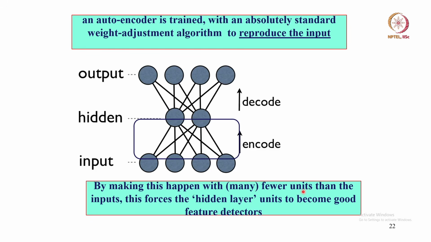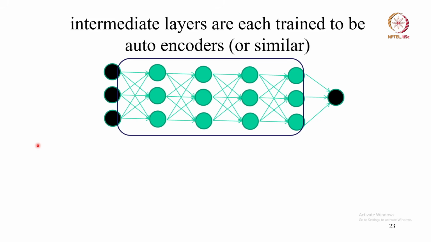Because you are using fewer nodes than the input, this forces the hidden layer to become a good feature detector. So these are the good feature detectors which you are using over here. Each of these is trained to be an autoencoder or a feature detector, as you would say.